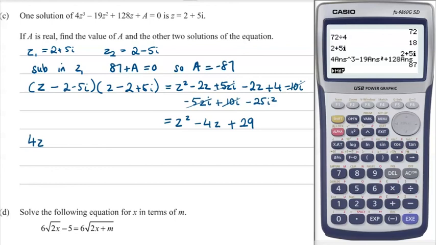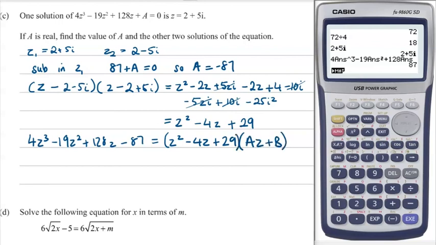All right, now compare that to the original, because we are looking for the third factor. That's minus 87. So that will equal z squared minus 4z plus 29 times az plus b. Okay, so to make 4z cubed, we need z squared times az. So a must be 4.